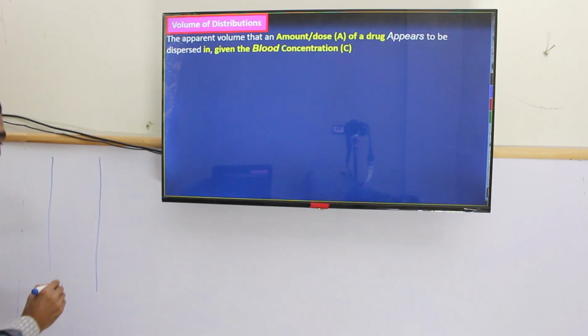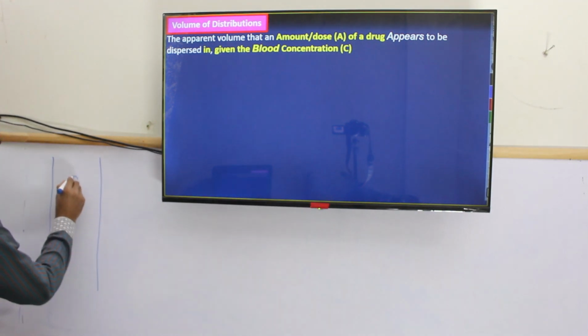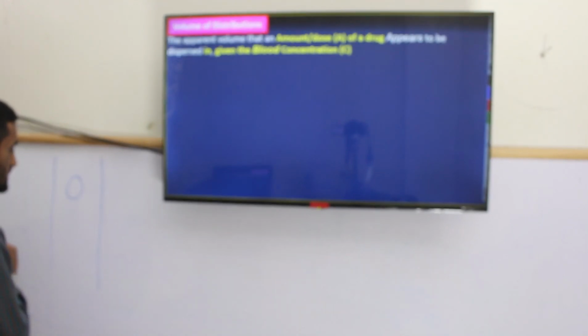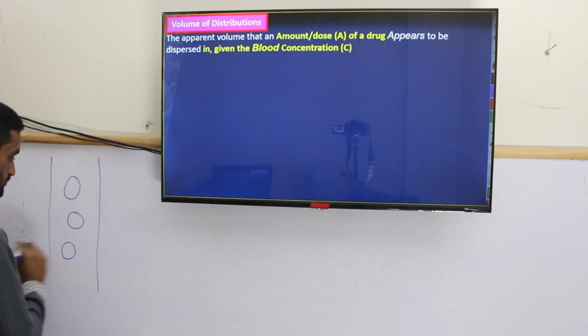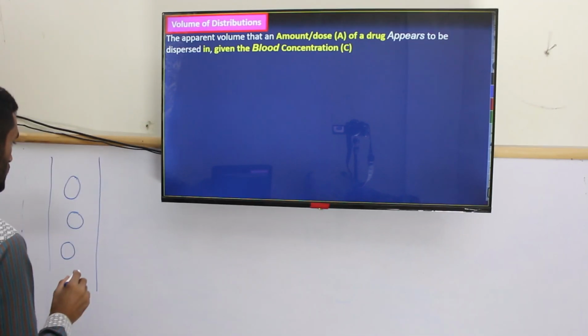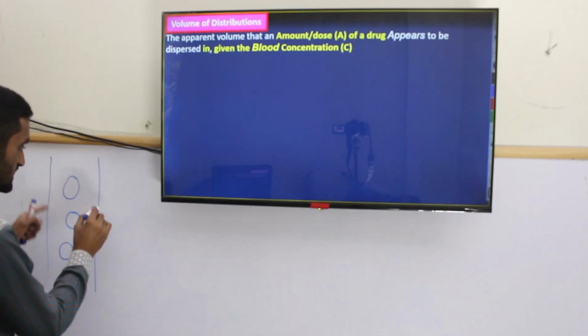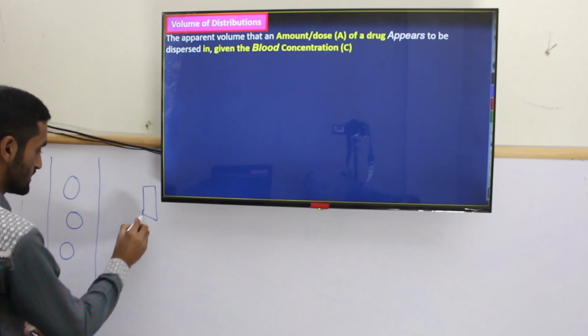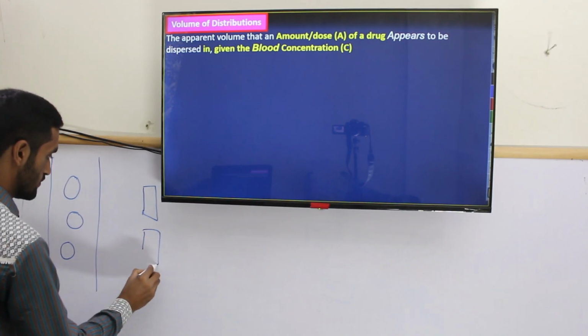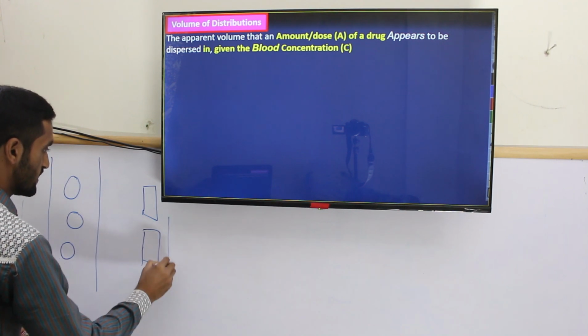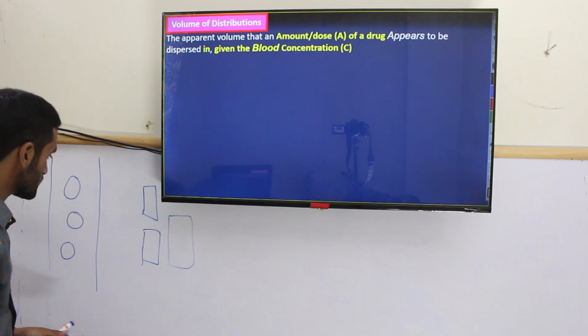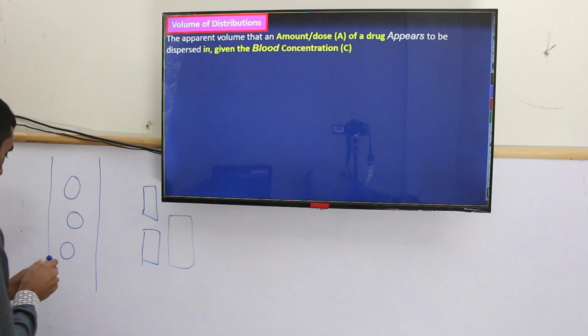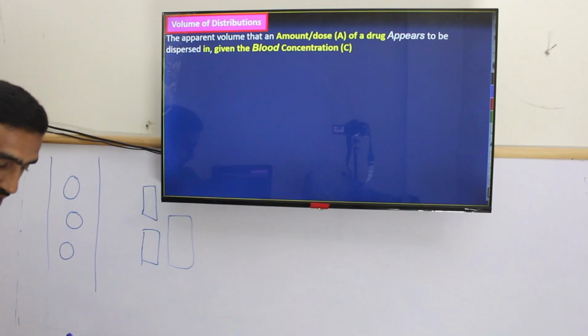For example, different blood cells are moving in it. Now, outside of this blood vessel, what is present? For example, different tissues are present here. Now, let's suppose I send a drug like this.